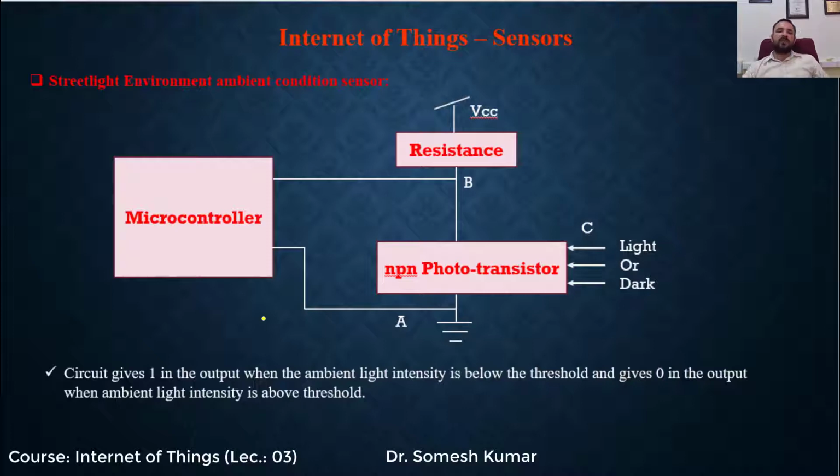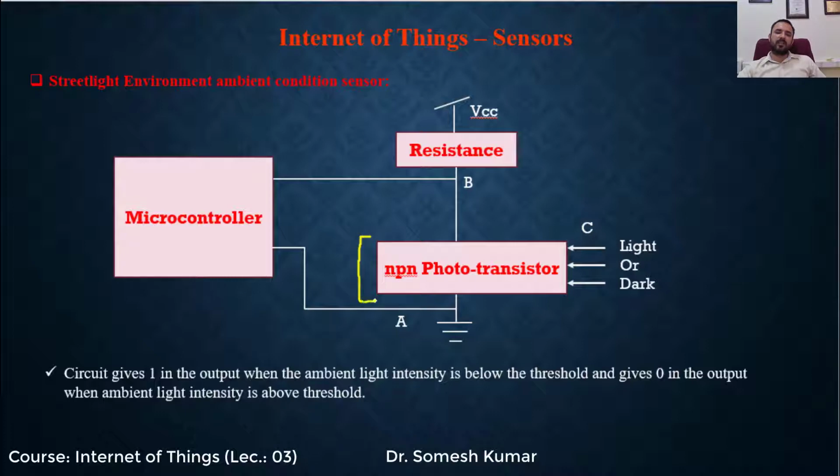I am taking one example of a digital sensor, that is the street light environment ambient condition sensor. So how does the street light work? This ambient sensor works on the resistance principle, like a resistance sensor. Here a phototransistor is used.